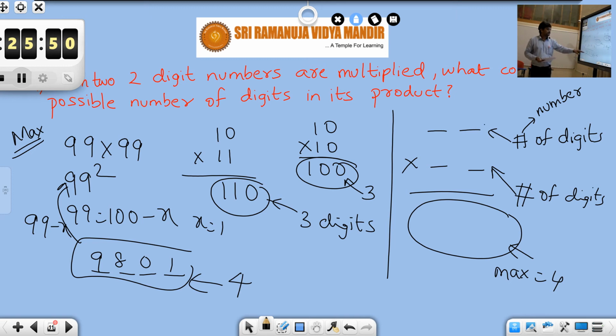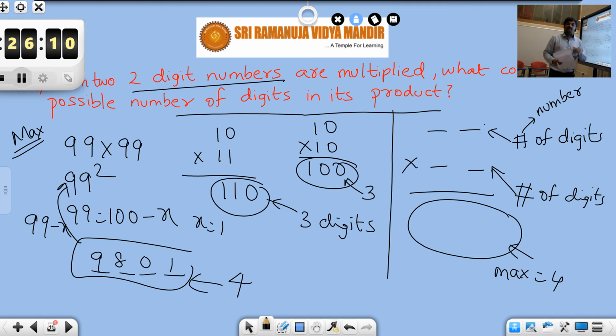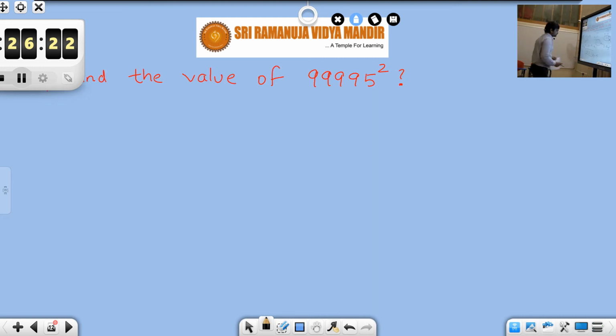And the maximum number of digits would be 4, because this is the maximum possible product of any two two-digit numbers, 99 into 99. So hence our answer: when we multiply two-digit numbers, what could be the possible number of digits in its product? Either it could be 3 or it could be 4. That depends on the individual multiplicands we are trying to multiply. So the answer is both 3 and 4. Okay. Let's look at the next question.